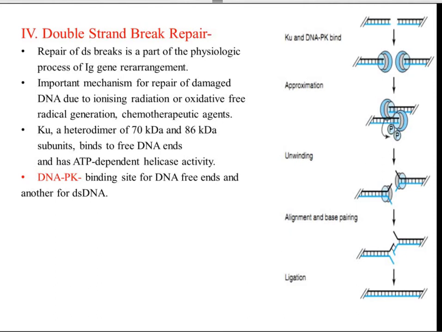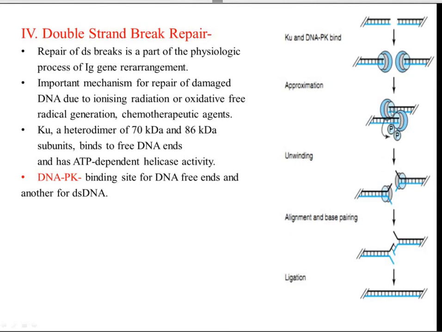So once this dimer is formed, the Q protein and the DNA dependent protein kinase bind to the double stranded DNA. A structure like this will be formed. There will be approximation of the two DNAs. DNA PK, or the DNA dependent protein kinase, will bind both to the Q protein, to the inside of the DNA molecule, as well as to another DNA PK molecule.